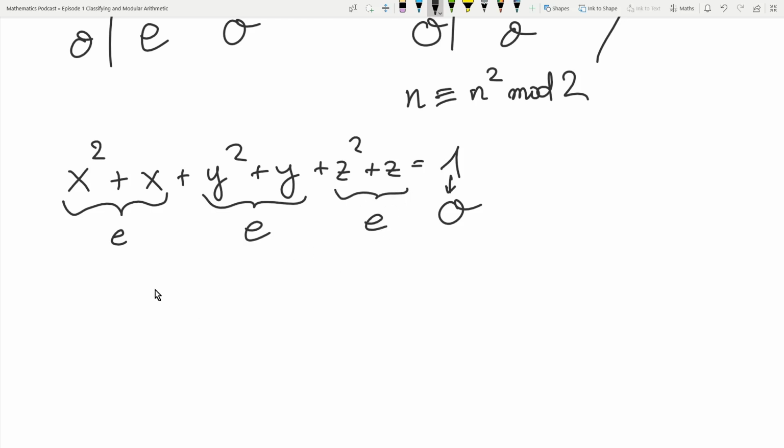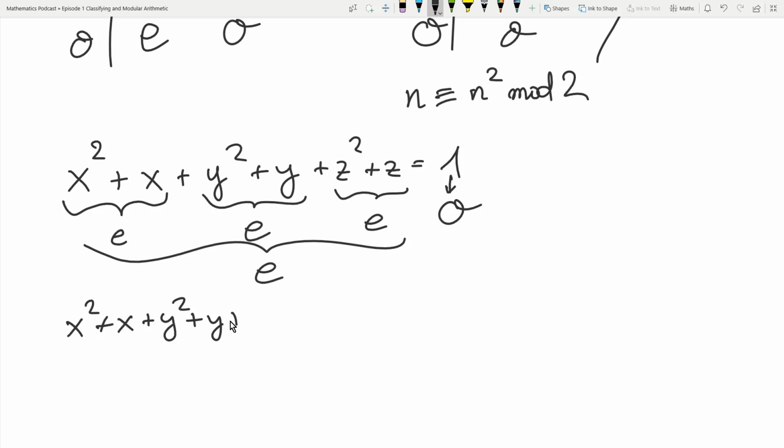But we have a problem. The left side is even and the right side is odd. How we could write this is x squared plus x plus y squared plus y plus z squared plus z is the same as 0 because it's even, modulo 2, and 1 is the same as 1 modulo 2.